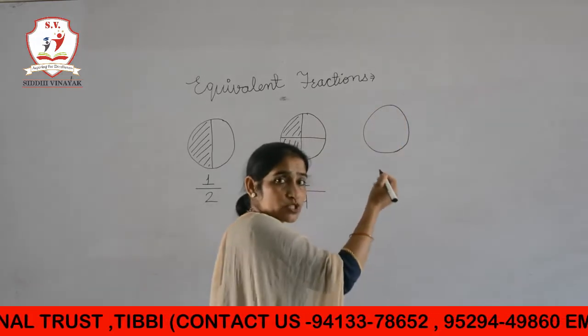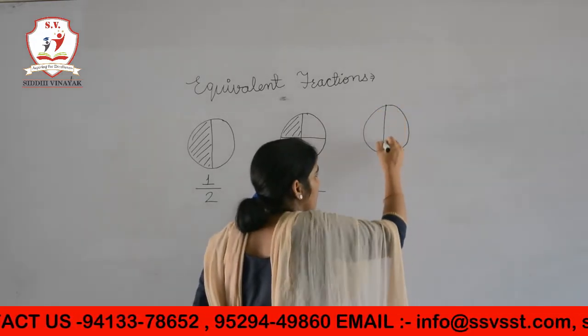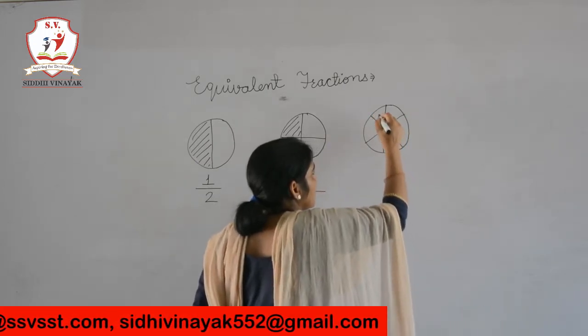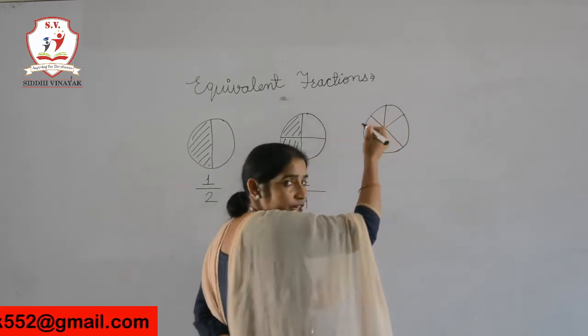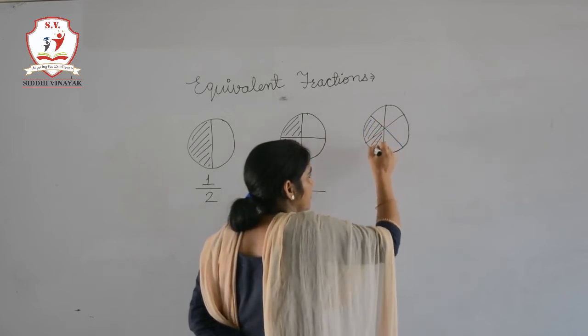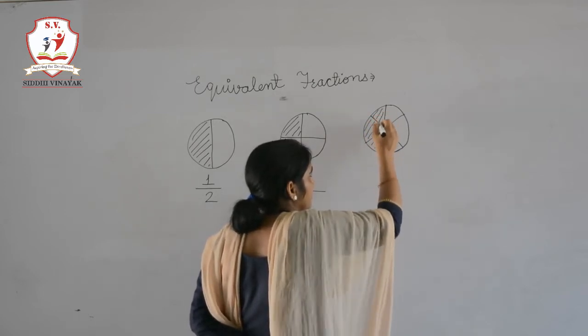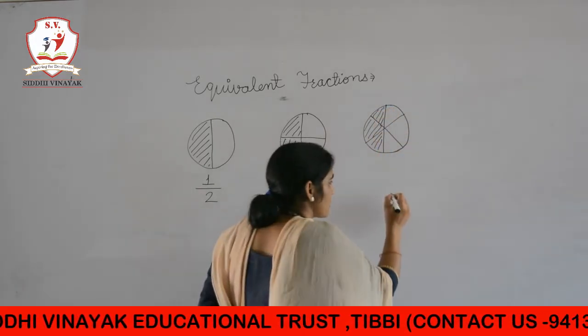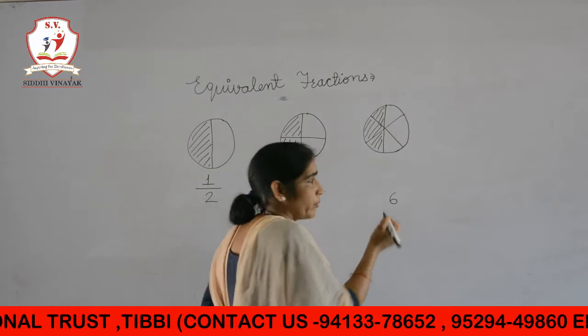We divided the third into 6 parts. We shaded 3 parts. Total parts are 6. 6 is our denominator.